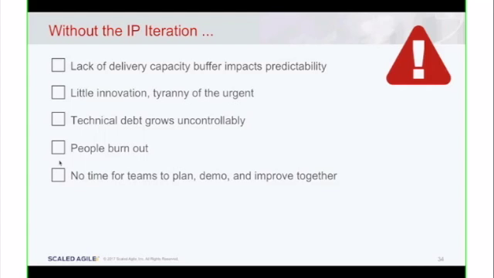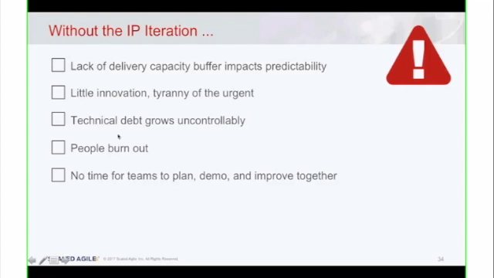And if there's really no time to where you say, okay, I'm working really hard right now, but after we finish this iteration, we've got this hackathon coming up, and I've got all kinds of ideas on how we're going to approach that, right? That just infuses a lot of energy and creativity into a team that's maybe been on a hamster wheel for a while. So this IP iteration is absolutely critical.